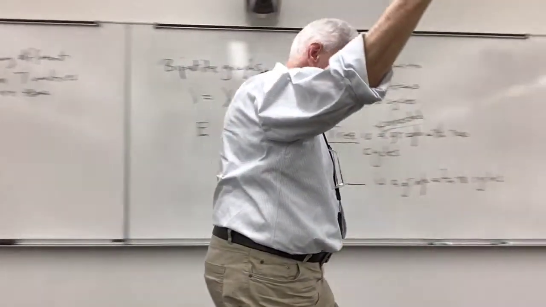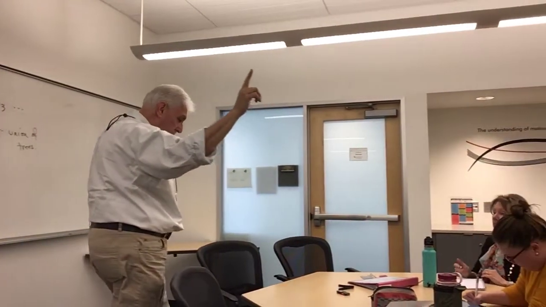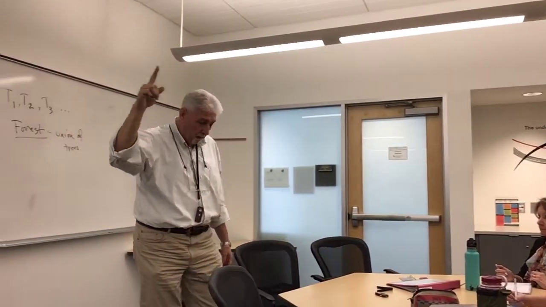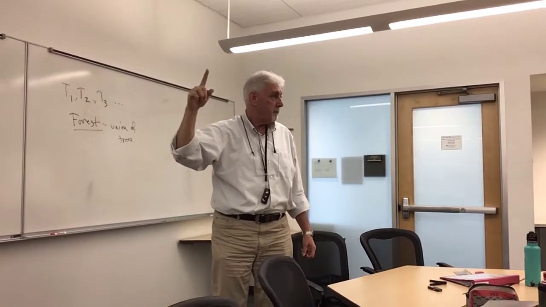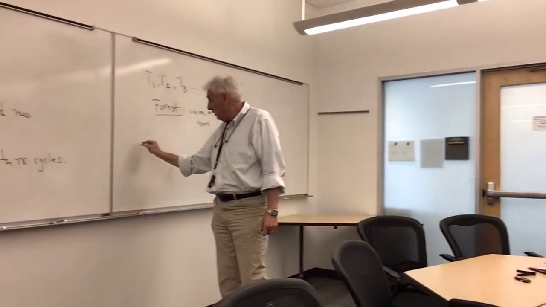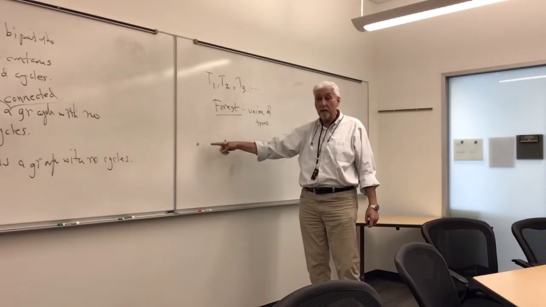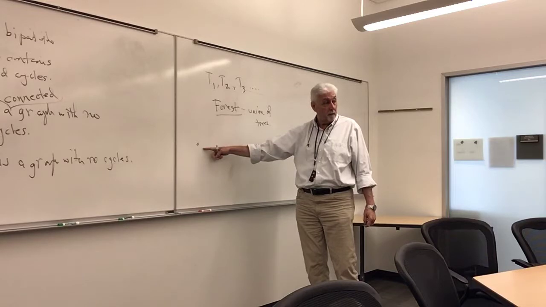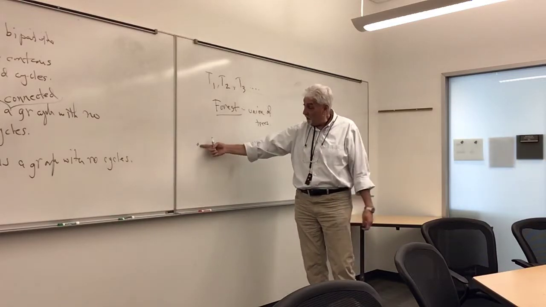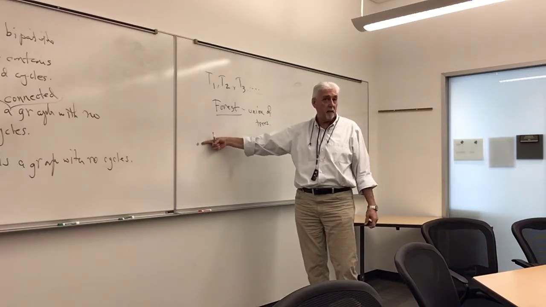So who started out? Remember, I'm only talking about trees at this point. How many different trees are there on one vertex? One. There it is. Does this tree have any cycles?